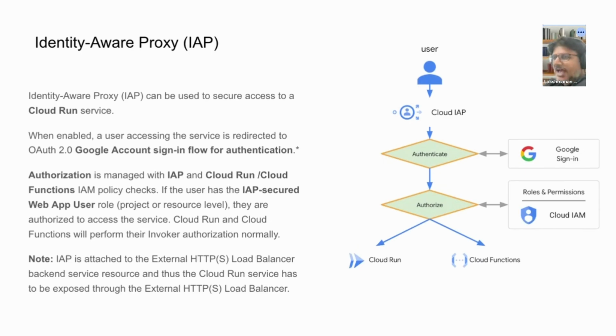It is like having a sign-in page or authentication page in front of your application, even though you haven't implemented it. You will see a Google sign-in button, and only if you sign in with a Google ID that has permission to access the particular application will you be allowed to access it, right? We have implemented this for a few customers where they have their beta application.